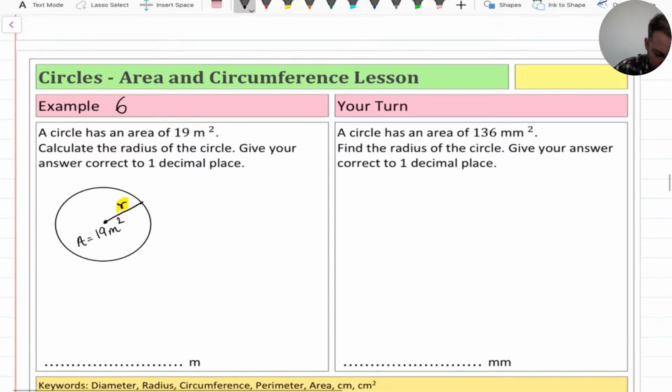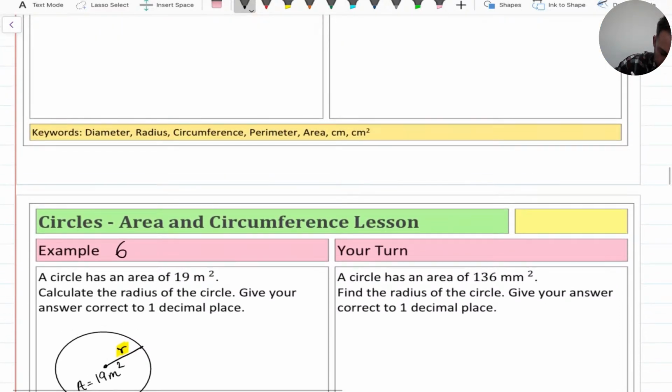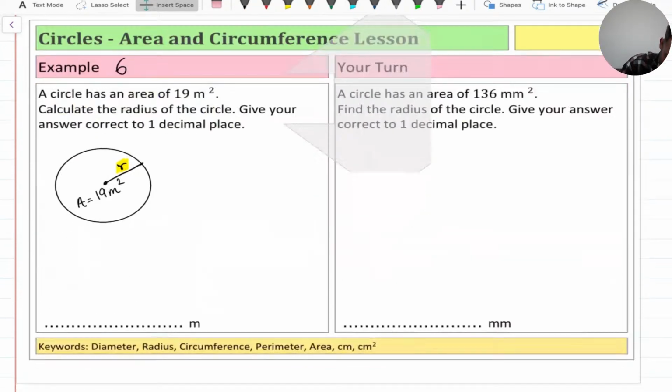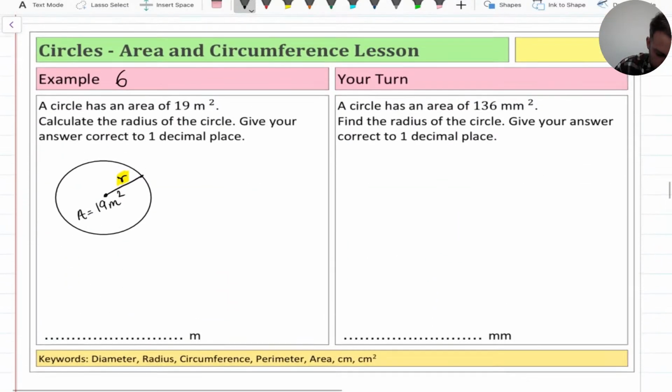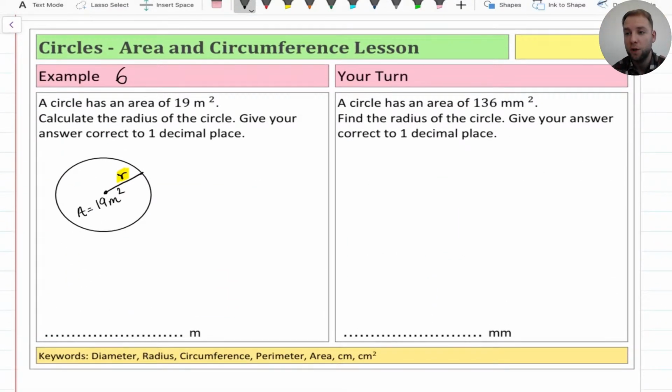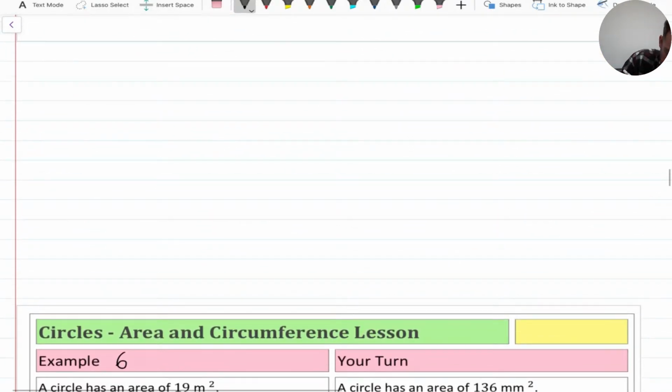Now, we did a little bit of this when we were looking at quadrilaterals and triangles working backwards, and we said that the key to this is to do 3 things. The first thing you need to do always with this, so write these down in your notes, is to write down your formula.